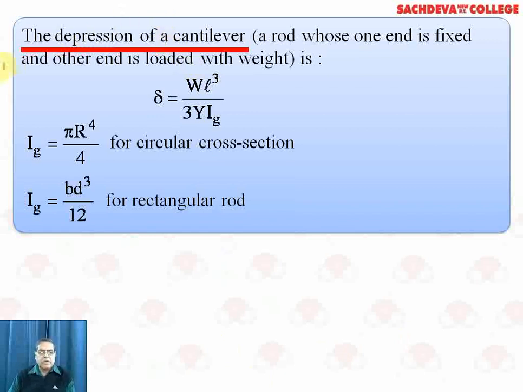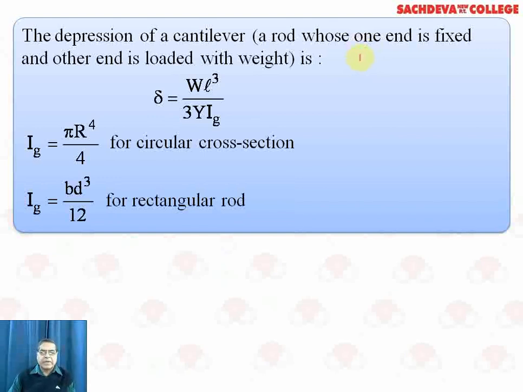So depression of the cantilever. The cantilever means a rod whose one side is connected and the other carries a certain load. So the load will make the rod try to go down, and in that condition the rod slightly bends, and that is called a cantilever.